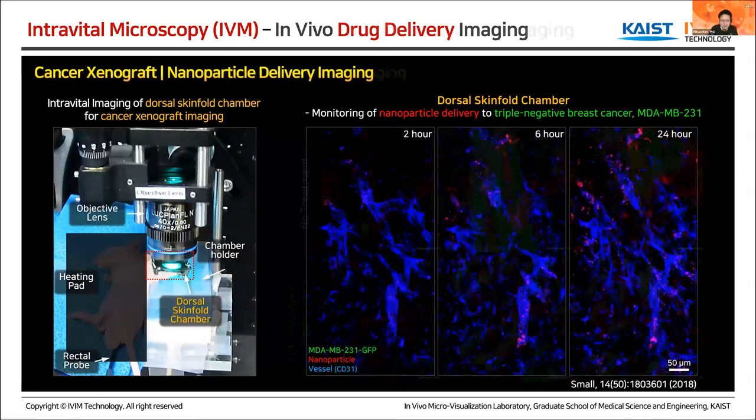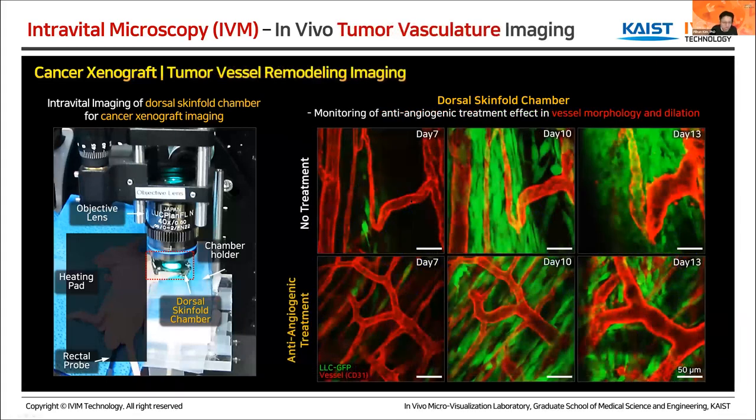And also we can monitor the change of the same vessel at 3 day intervals. This is day 7, day 10, day 13, and you can see the increase of green cancer cells, and the change of this blood vessel. You can see this huge dilation of the blood vessel after the infiltration and proliferation of these GFP expressing green cancer cells.